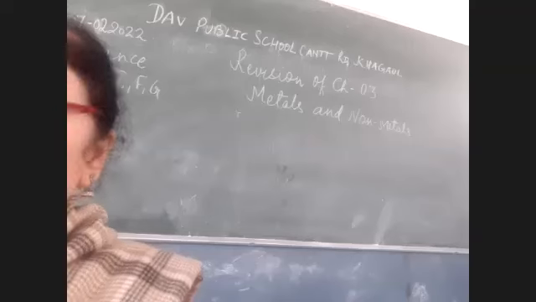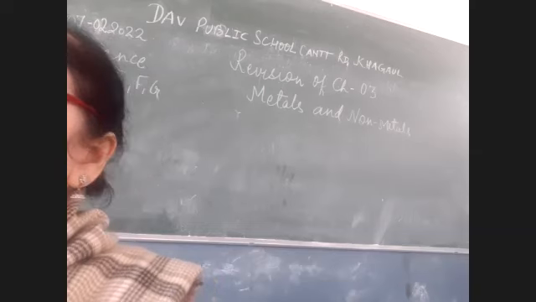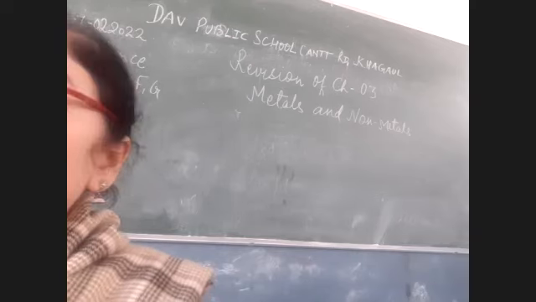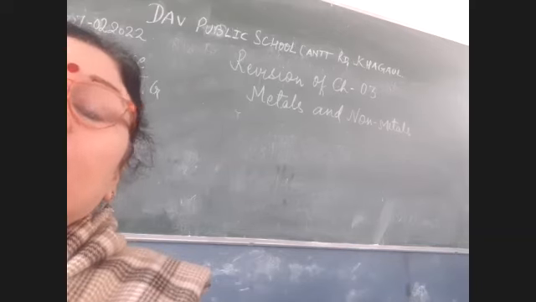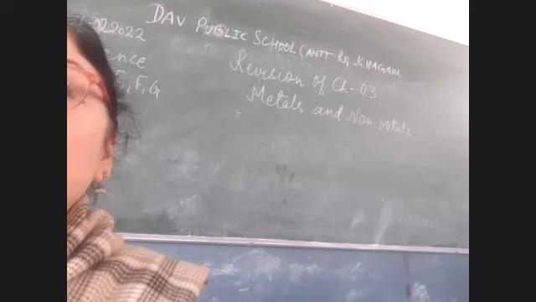Okay, correct. Narayani, describe at least two physical properties on the basis of which we can differentiate the metals and non-metals. Two, an elaborate description of the 2 points in physical properties.